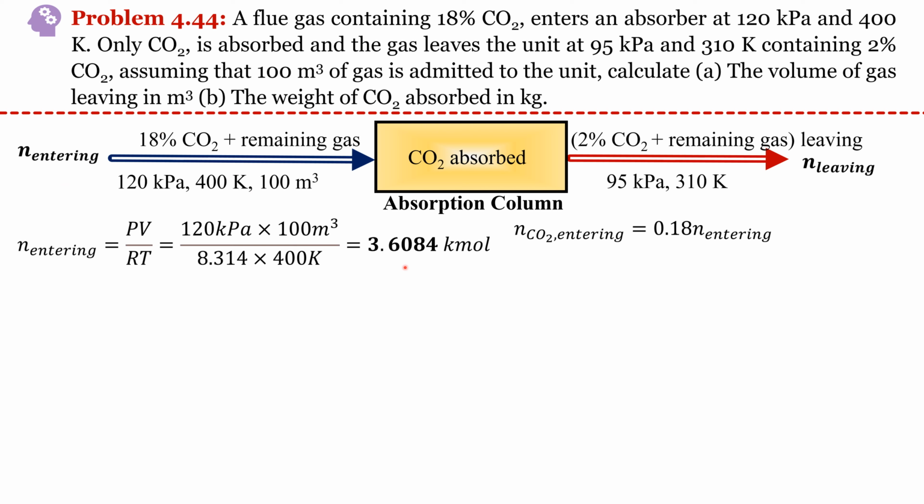So moles of CO2 will be equal to 18% of N entering. So N entering is 3.6084. So moles of CO2 entering will be equal to 0.18 into N entering. We can put the values of N entering and we can estimate moles of CO2 entering.